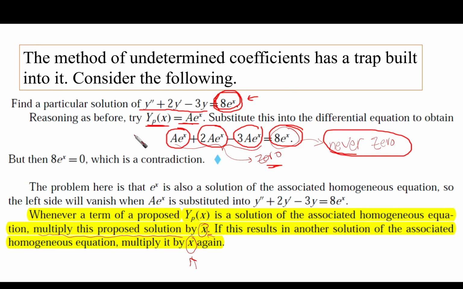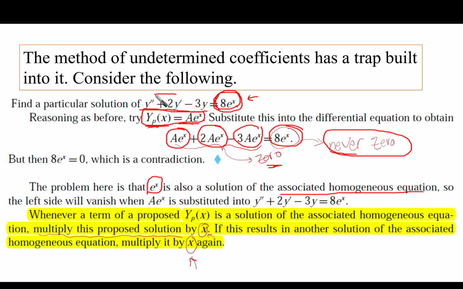So there's something wrong. Actually, the wrong thing is our assumption from the beginning, y particular equal to a e to the x. What is wrong with this? We already solved an example before, right? The problem here is that e to the x, which is contained in our y particular assumption, is also a solution of the associated homogeneous equation.